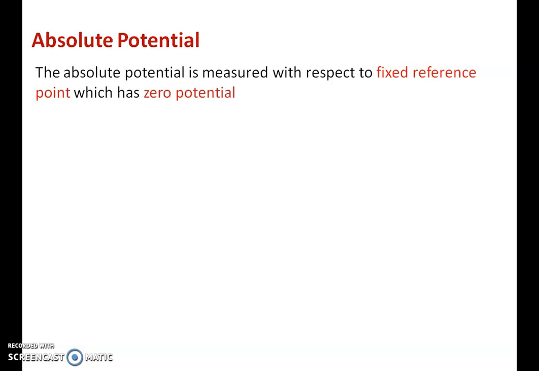As you know, in a practical circuit, we take the ground as a reference point. Normally ground has a zero potential. Similarly, the fixed reference point also has a zero potential. So it is similar to when we measure potential from ground to another point, which is called absolute potential.